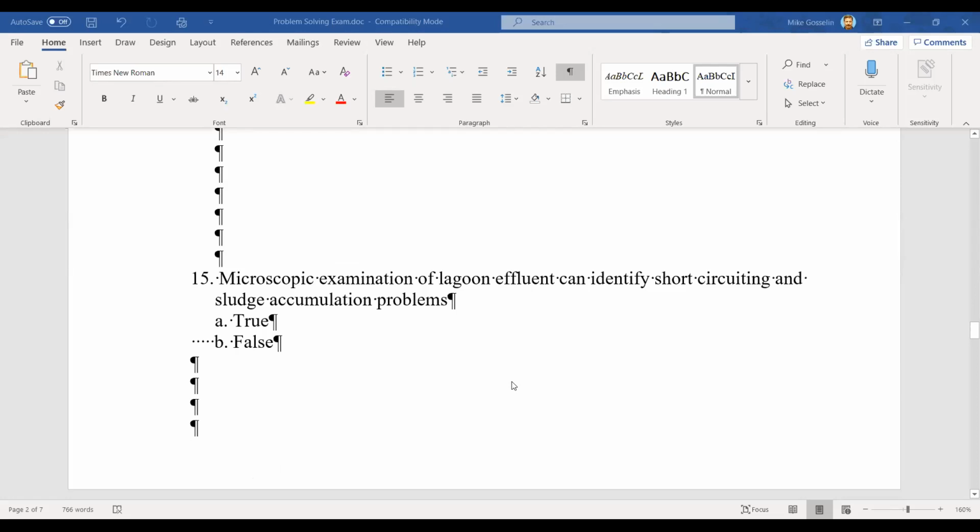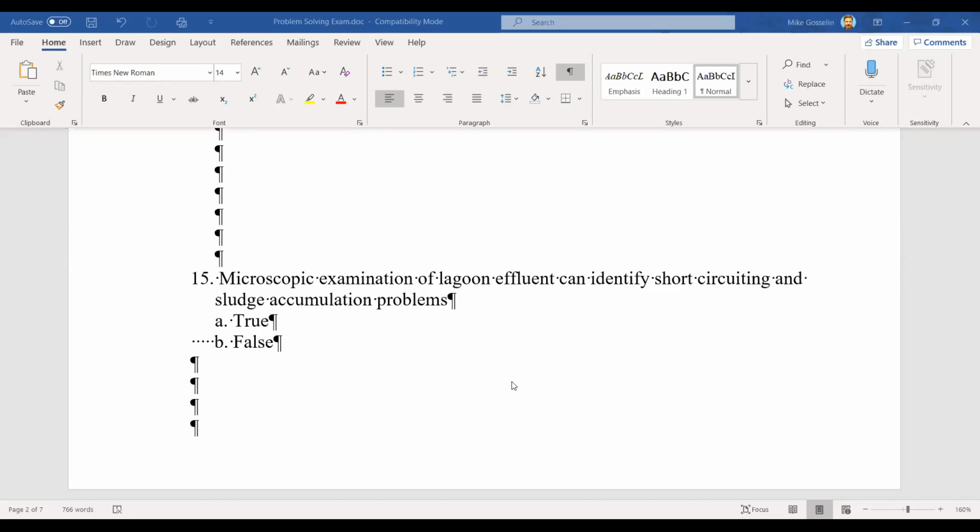A microscopic examination of a lagoon effluent can identify short-circuiting and sludge accumulation problems. Now that's correct, true.